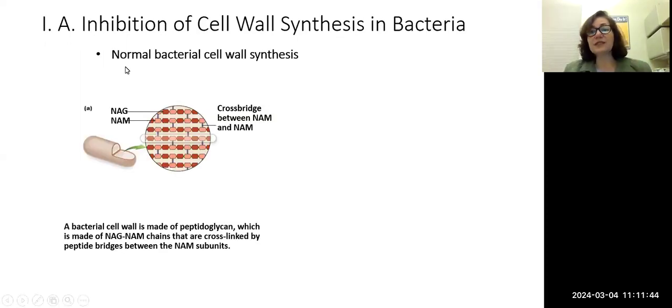So bacterial cell wall, let me remind you, this is largely NAG and NAM subunits. This is the so-called peptidoglycan layer. And then between the NAM units, the NAM is the one that's represented in the lighter color, there are these cross bridges that have to be formed by particular enzymes that link those things together with covalent bonds.